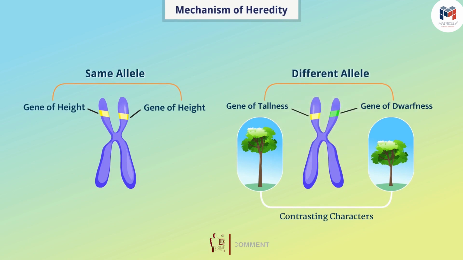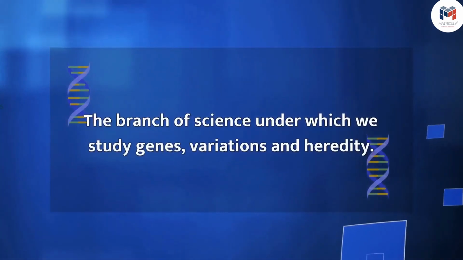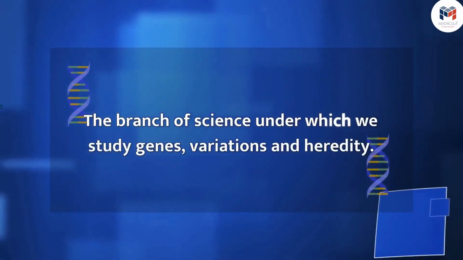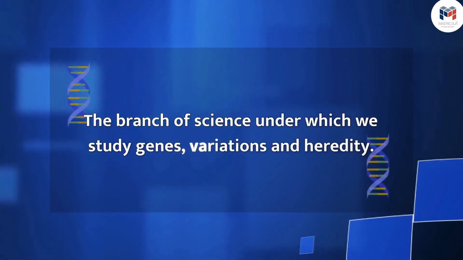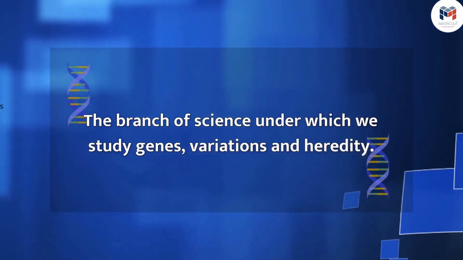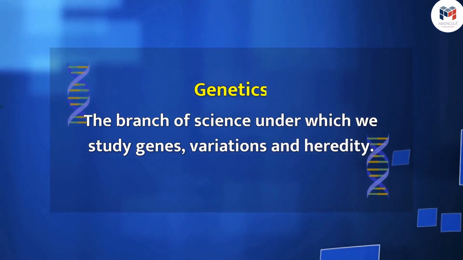Organisms that have the same pair of alleles for a trait are called homozygous, and organisms which have different pairs of alleles for one trait are called heterozygous. Remember that the branch of science under which we study genes, variations, and heredity is called genetics.